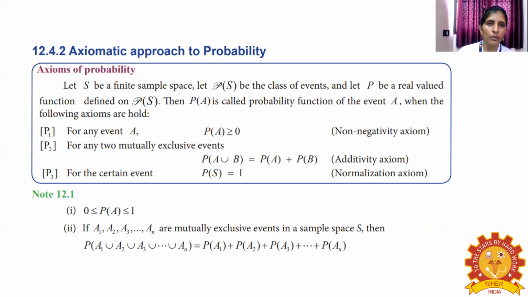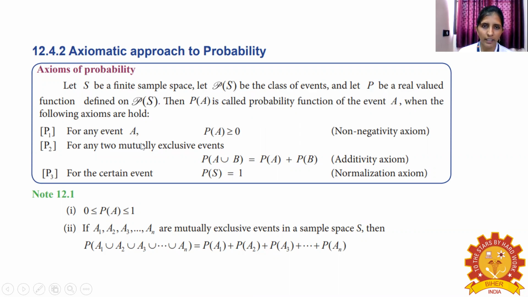So now we move to the axiomatic approach to probability. Let S be a finite sample space, and let P of S be the class of events, or we call it the power set, and let P be a real valued function defined on P of S. Then P of A is called the probability function of the event A when the following axioms hold.